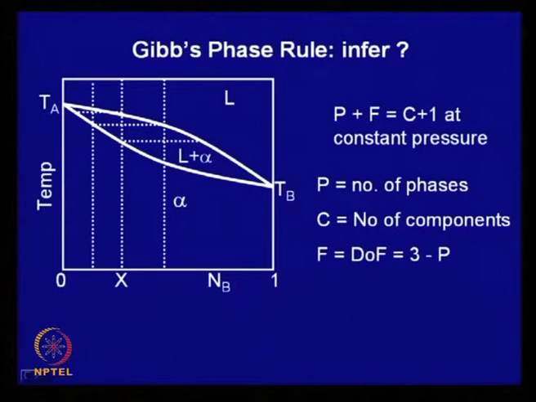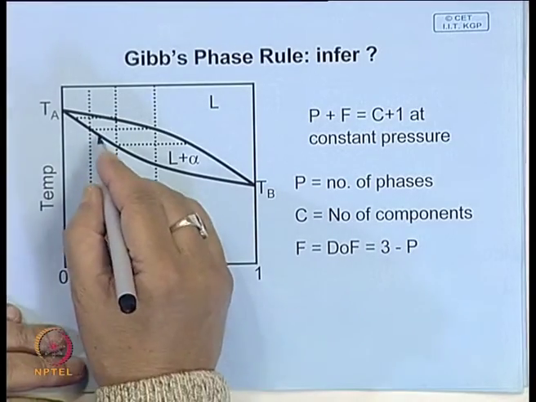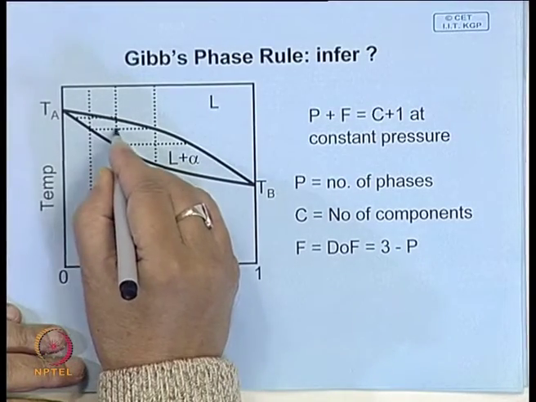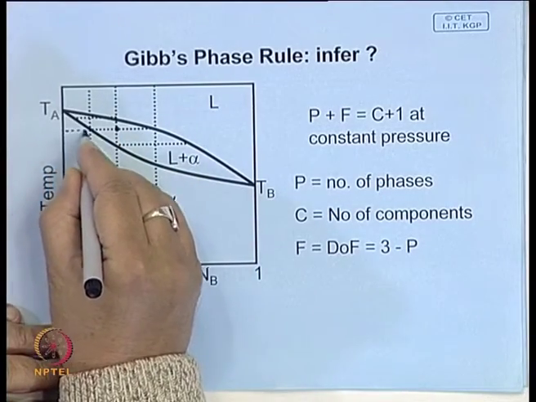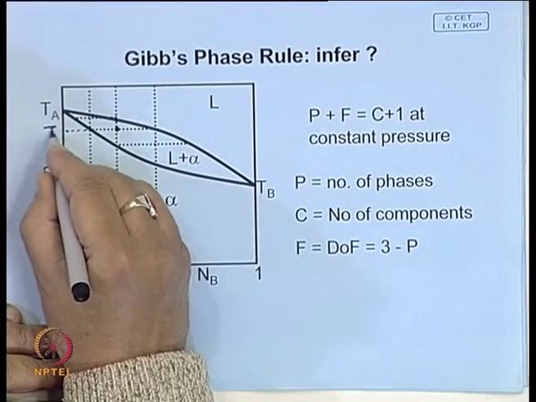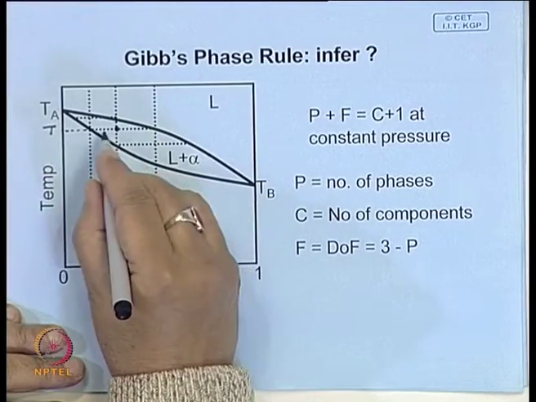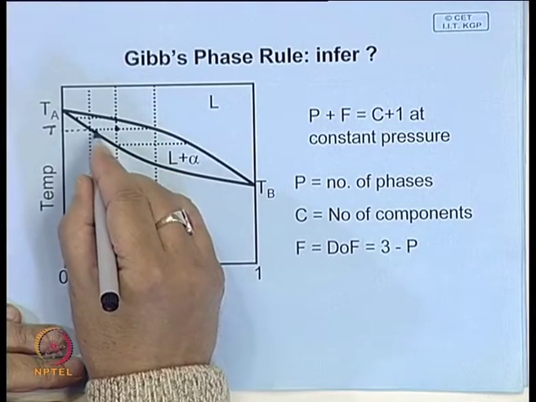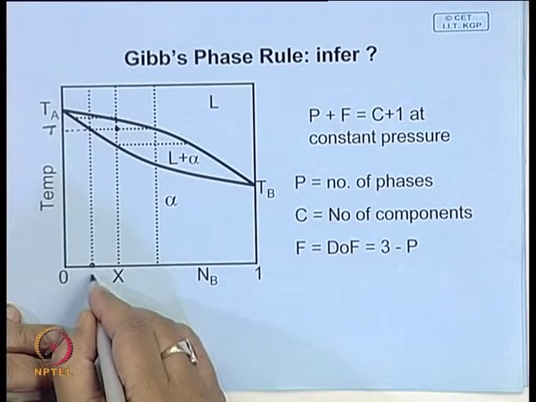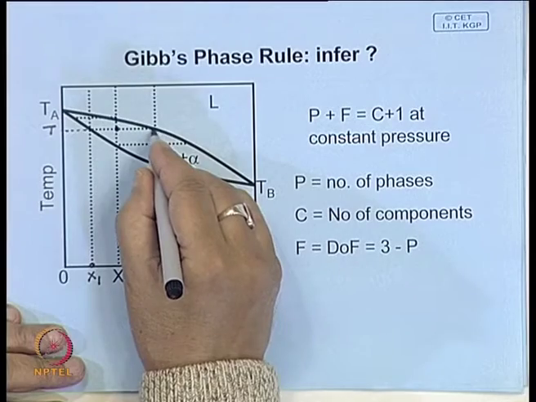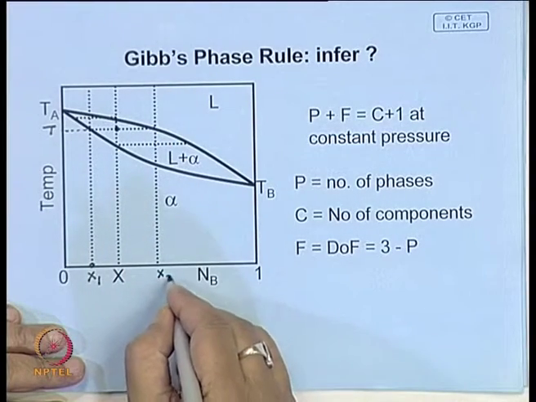In fact, if we look at it here. So, in this particular case, if you say that my alloy is at this temperature, and it is made up of two phases, then automatically phase alpha will have this composition, let us say x1, and the liquid will have a composition x2.